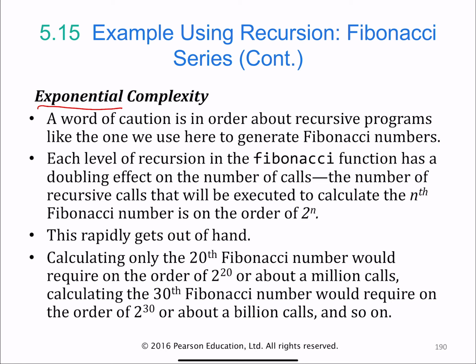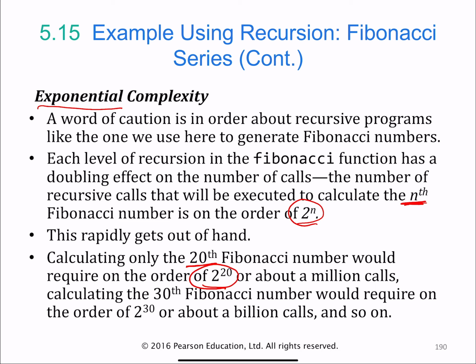In this particular example, if the argument to the Fibonacci function is n, if you want the nth Fibonacci number in the sequence, that will produce roughly 2 to the power n recursive function calls. So if you want only the 20th Fibonacci number, and you compute that number recursively, that can translate into roughly 2 to the power 20 function calls.